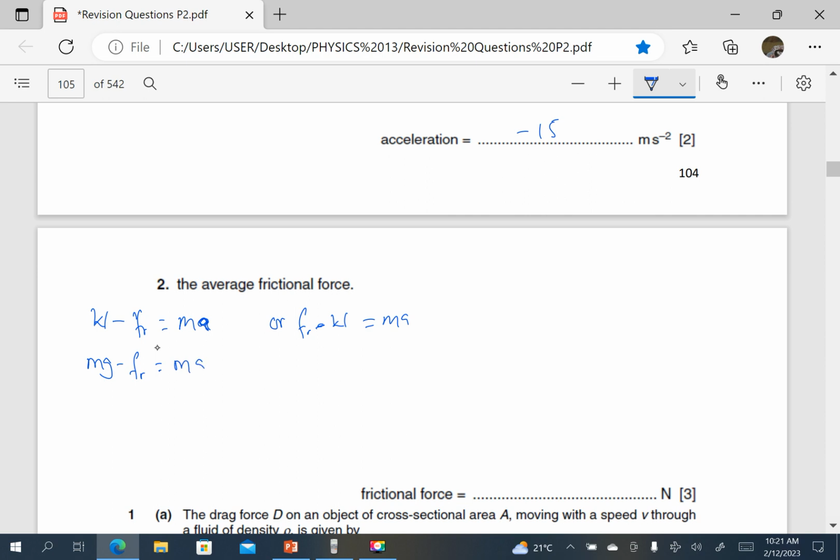So m is 95 times g, which is 9.81, minus the frictional force equals m, which is 95, times the acceleration, which is negative 15.